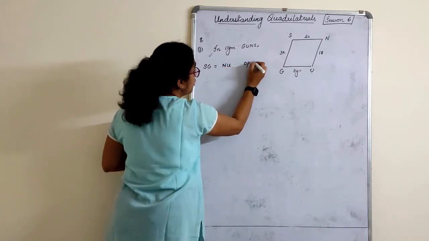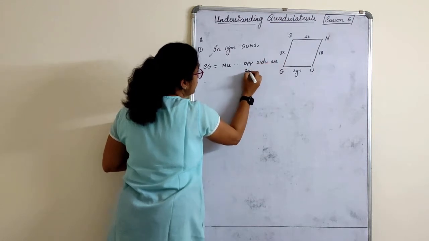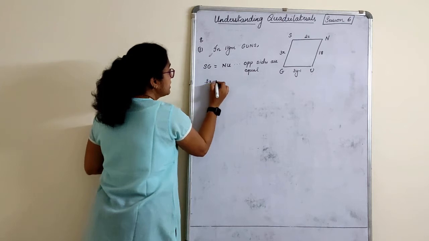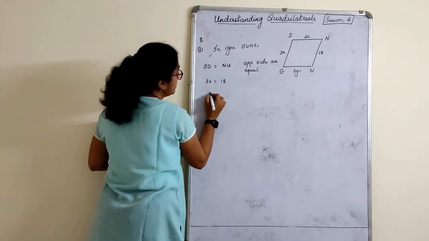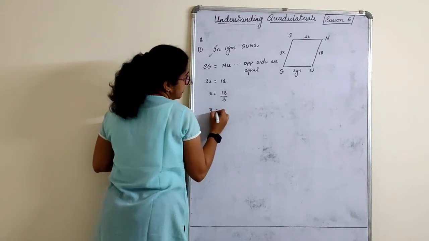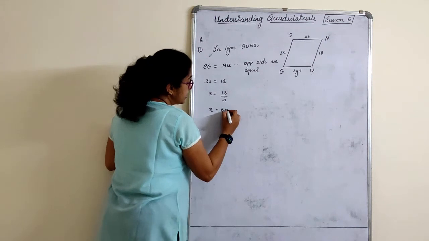Reason, opposite sides are equal. So what is SG? 3x is equal to 18. Therefore, x is equal to 18 by 3. x is equal to 6. 6 what? They have asked to find in centimeter. 6 centimeter.